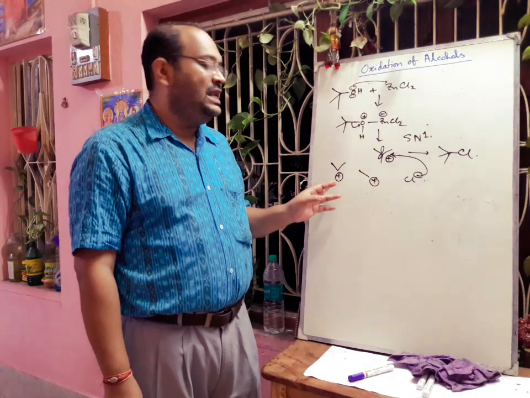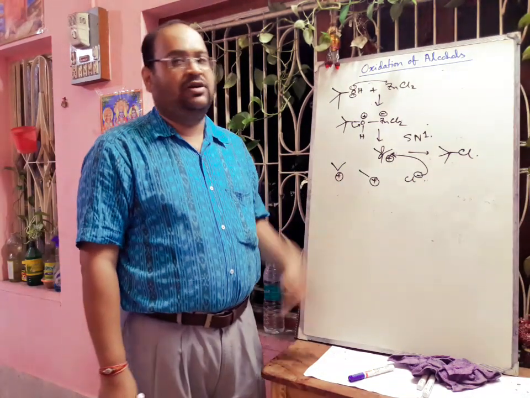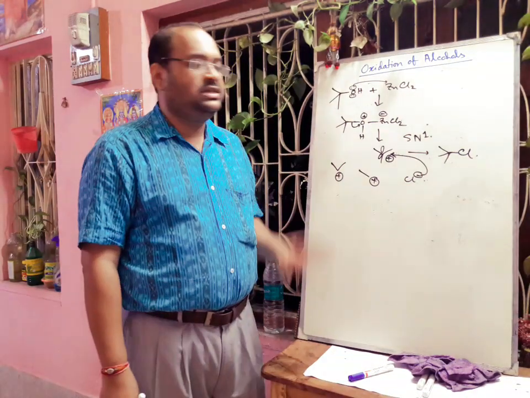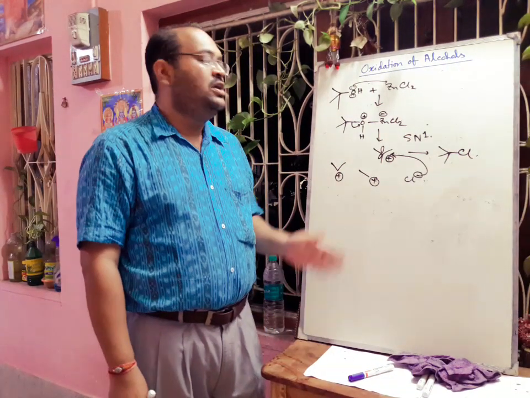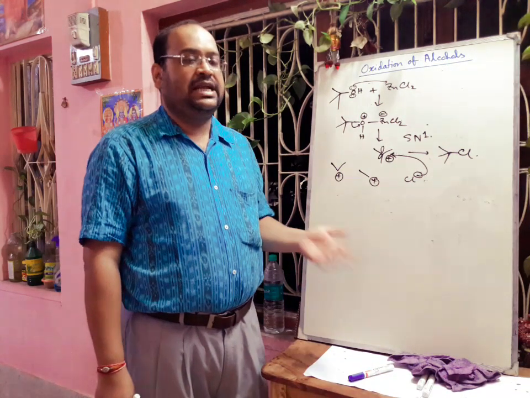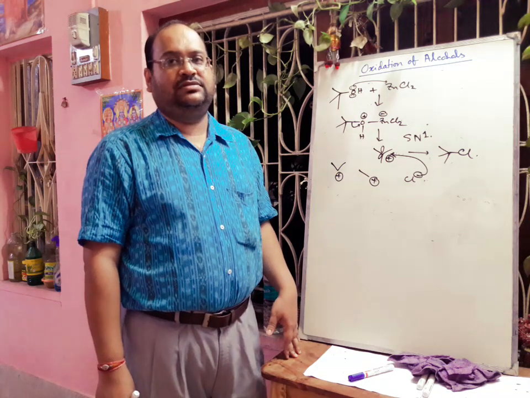But secondary, the rate is slow, and primary practically there will be no reaction in this condition. If we use drastic condition, then that is different, but in this condition it is not reactive. So in this way we can easily differentiate among the primary, secondary and tertiary alcohol by using Lucas reagent.